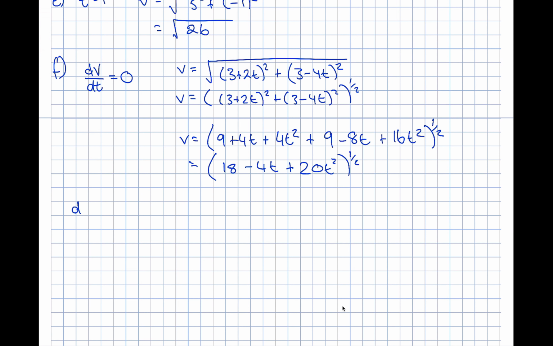So derivative of that velocity is going to be equal to half lots of 18 take 4t plus 20t squared all to the negative a half times by negative 4 plus 40t.